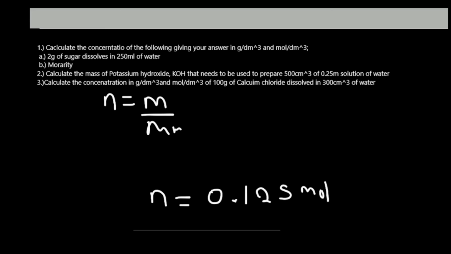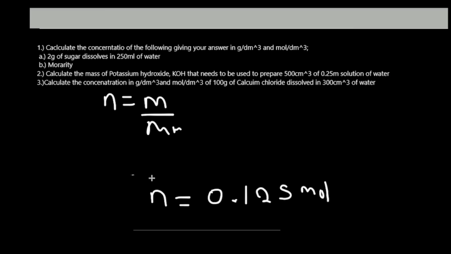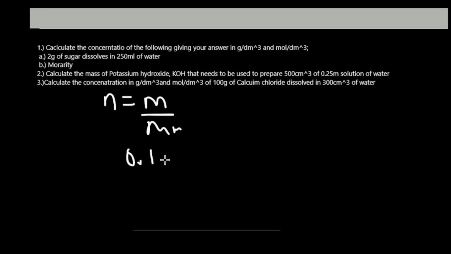So now that we have that, we can simply substitute and see what we get. For our number of moles, we have 0.125 moles, and all this is equal to mass over the molar mass of the compound, which is simply 56 grams per mole.